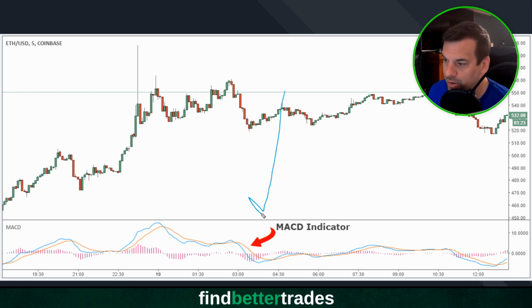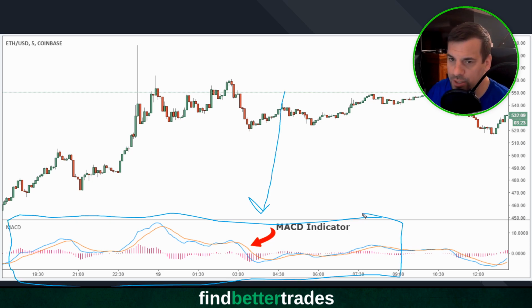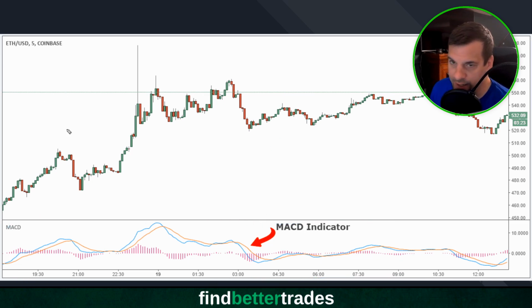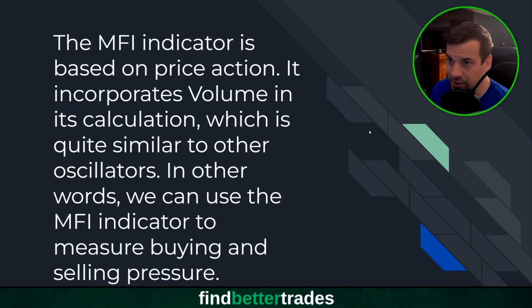If you're not familiar with it, you should get familiar with it. It's a great tool, and it's available on any single trading platform. If you're using TradingView, Thinkorswim, Webull, Robinhood, or MetaTrader, you'll be able to see it everywhere. So this is a great indicator, and we're going to use it in this strategy.